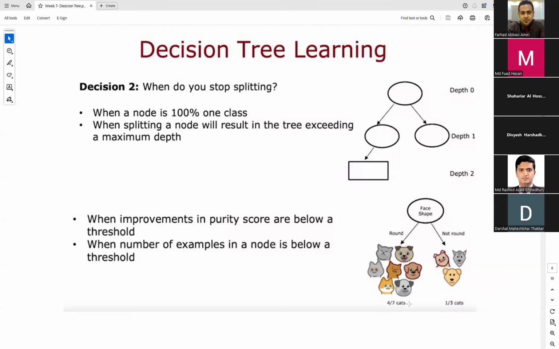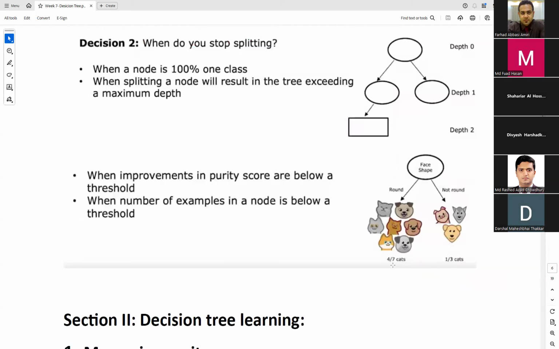And maybe if I go one level further, this accuracy might not change that much, right? For example, out of 7, I again classify 4 as cat, or this fraction might increase a little bit to 5/7, and the other one stays the same.